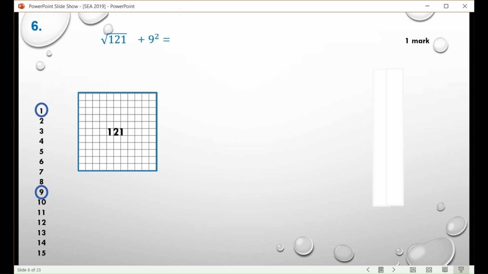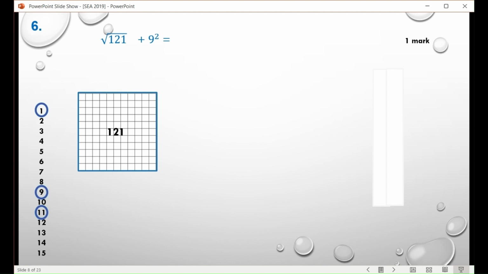What else ends with 1? Well, something that ends with 1 again, which is 11. 11 squared will end with 1. And if we had a number bond, then 19 squared would be the next one that ends with 1. Now, there's a little trick to help us figure this out quickly.